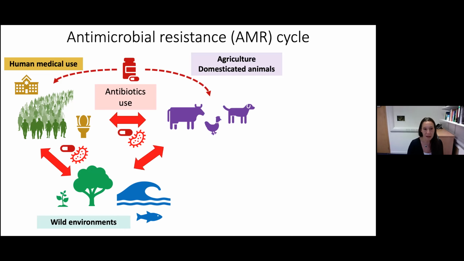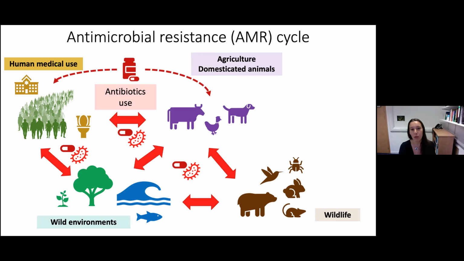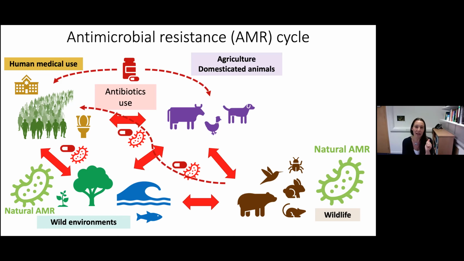Through wastewater treatment and sewage, antibiotics and resistant bacteria get out into the wild environment, and from there they also get into wildlife. And of course, wildlife, domestic animals and humans interact with each other. So we have this very clear, network-like flow of resistant bacteria and antibiotics being exchanged between all these units. If we want to understand how human use of antibiotics has impacted wild environments and wild animals, we could potentially study this. There are clear links. The problem is that antimicrobial resistance is actually a natural phenomenon.